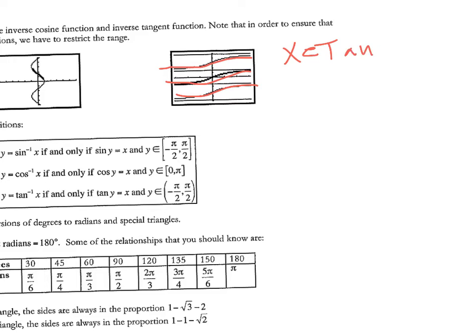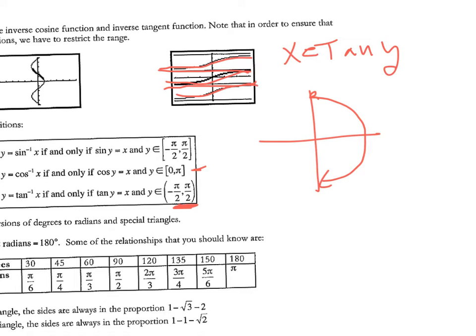If I were to graph x equals tan y, I'd get all those curves, but we want just to pass the vertical line test. So we limit the output from negative pi over 2 to positive pi over 2. Thinking about the unit circle, arc tangent will give us output in the same quadrants that sine will. And notice cosine gives us output between 0 and pi.